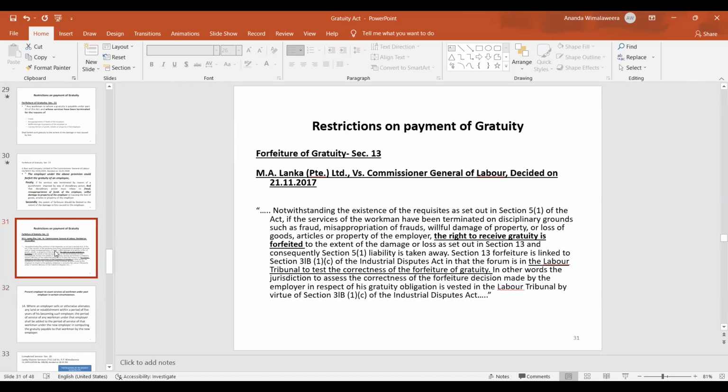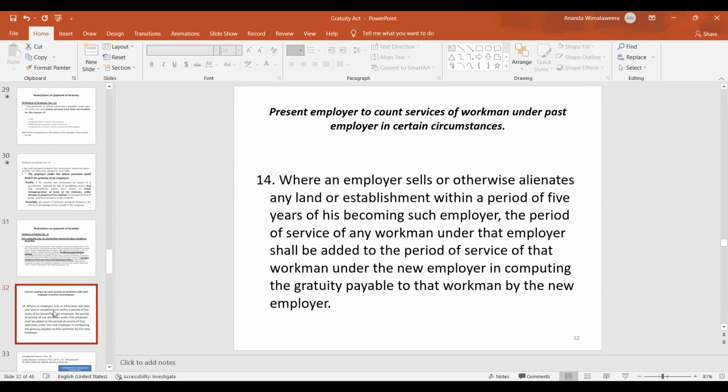Now, my next one is so complicated. Next one: present employer to count services of workmen under past employer in certain circumstances. That means the present employer has to take into account the service period of workers who worked under the previous employer in certain situations.